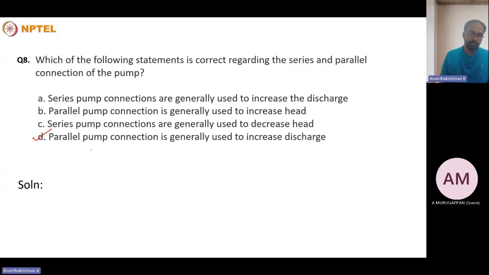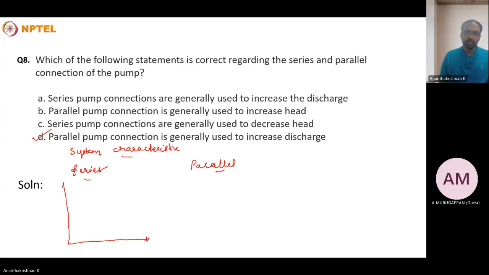We try to analyze the system characteristics versus pump characteristics for a series and parallel connection. That will make this analysis a bit easier to understand.